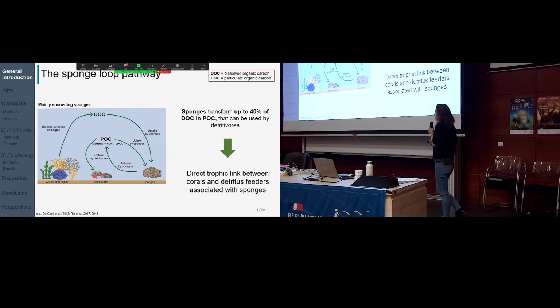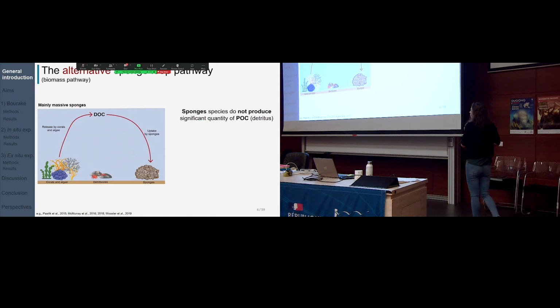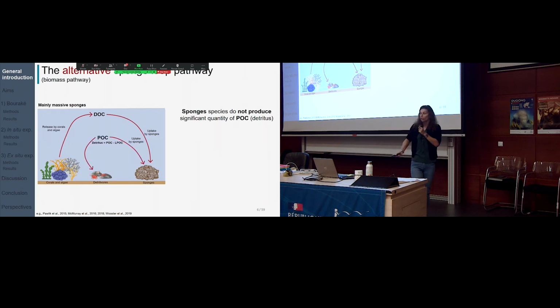But not all sponges do the sponge loop pathway. An alternative sponge loop pathway has been recently described in massive sponges. Here, sponges also take up this DOC released by primary producers, but in this case it's not released as POC, and carbon is mainly stored in the sponge biomass.